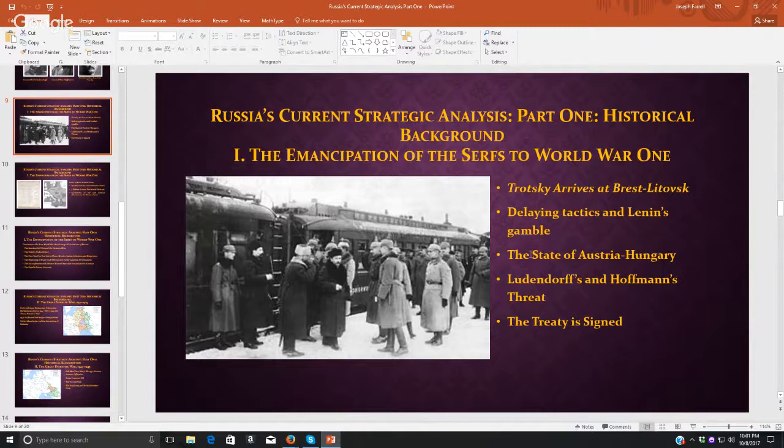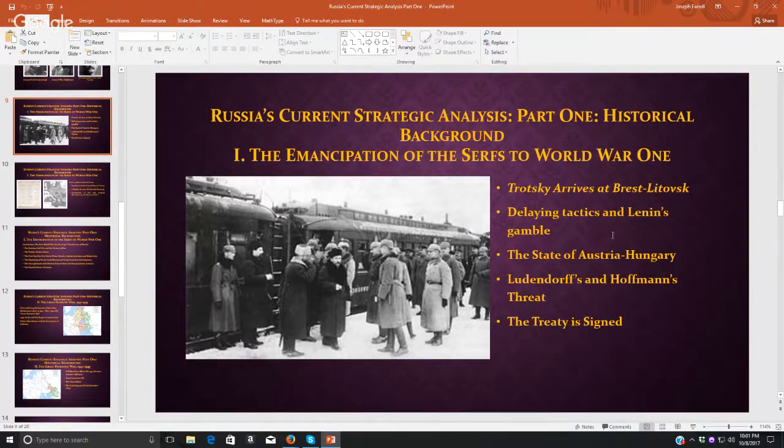And the other reason that Lenin ordered this is that Austria-Hungary, by this time in the war, by 1917, was in far worse condition than Germany. Austria-Hungary is in a state of near collapse.